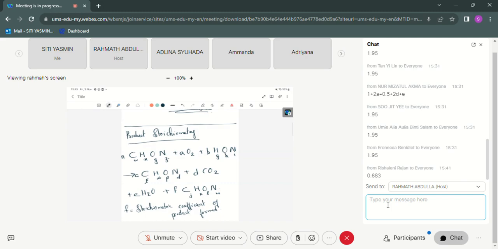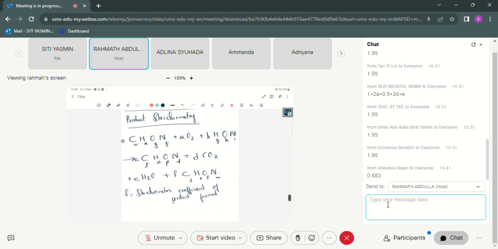Okay, so over here you see an equation. It's a bit confusing, but this is written in terms of carbon, hydrogen, oxygen, and nitrogen. The reason is because it's easy to represent. All these are the number of atoms like W, X, Y, Z, alpha, beta, delta, epsilon, and so on.